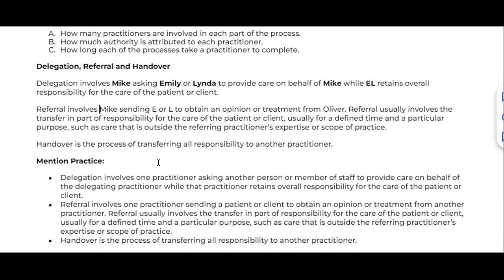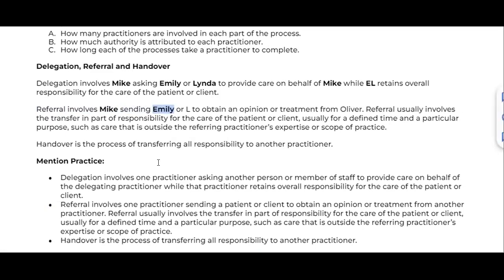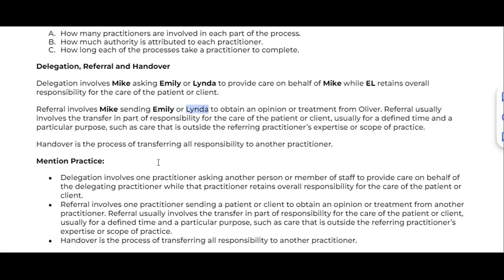So when the order is like this, referral involves Mike, who is always the first person, sending Emily or Linda. This is a method for people who find it difficult to learn new information. If you practice this way, every time, Mike, Emily, Linda, Oliver, things will be easy for you.